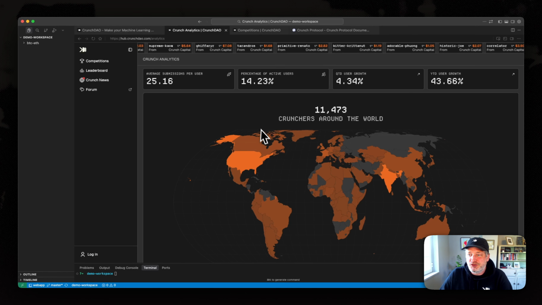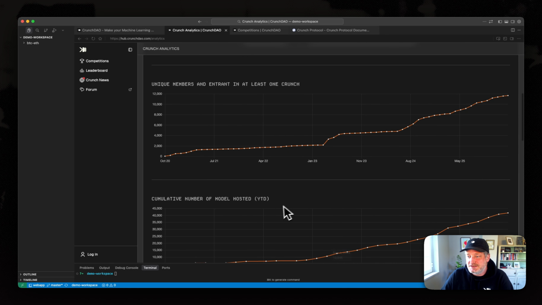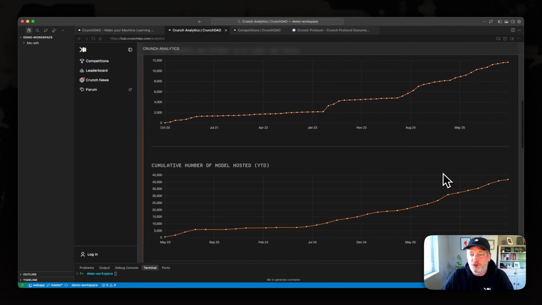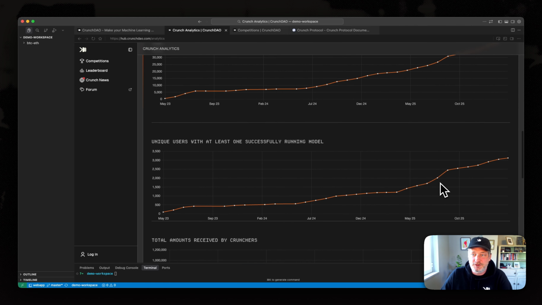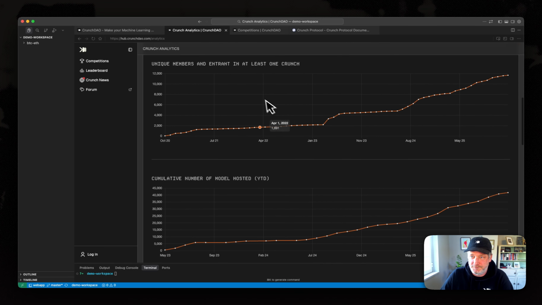To quickly give you an impression of that, this is the coverage that we currently have of people that signed up and competed in our previous challenges. And as you can see, the growth curve of active participants in our network is rapidly increasing.